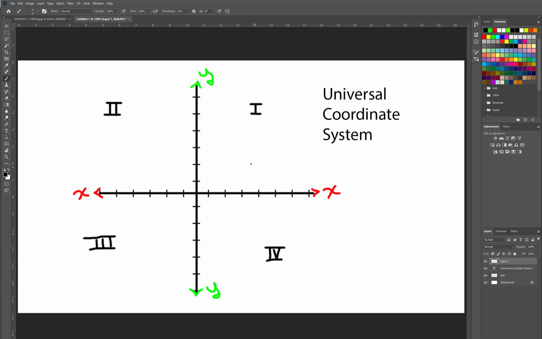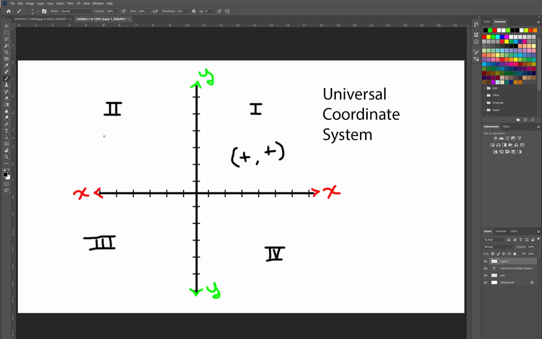In addition to that, you know that anytime I make a notation here, it will always be in the XY order. So quadrant 1, X is positive, then Y is also positive, so quadrant 1 is positive, positive.